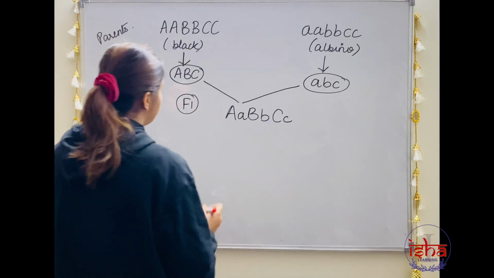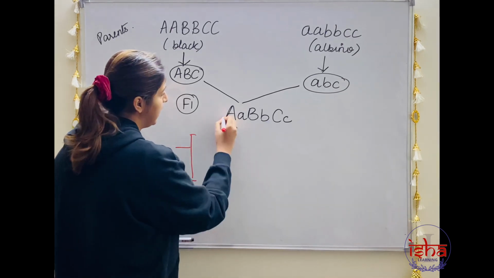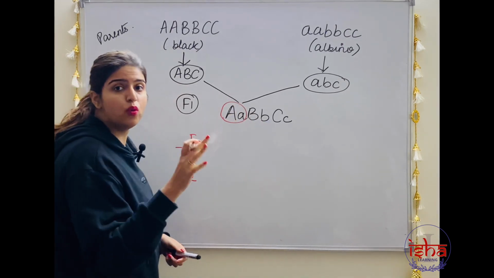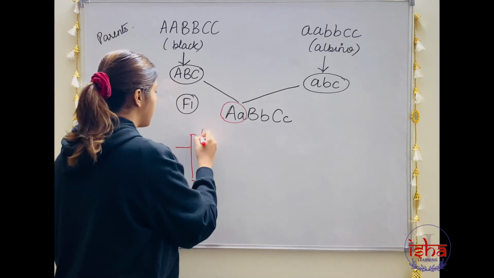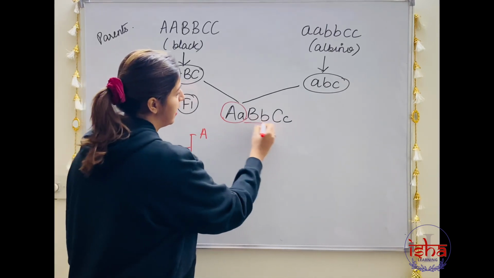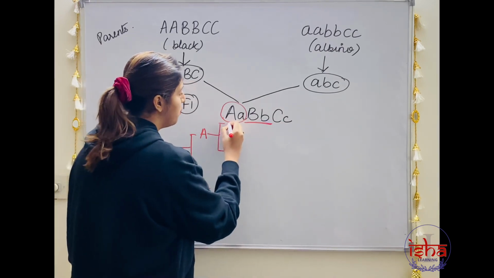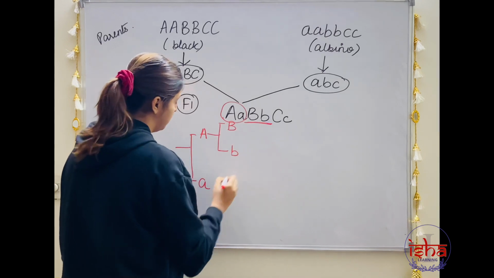What you do is first you consider one gene, let's say of the A type. Write down both the alleles for the gene, capital A and small a. Now come to the second gene, that is the B. Write down both the alleles in both the cases.